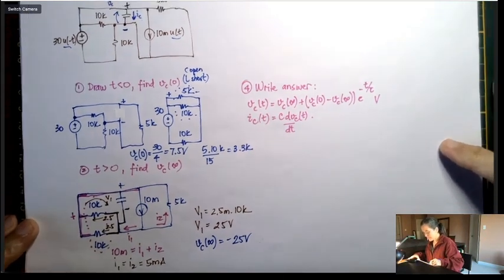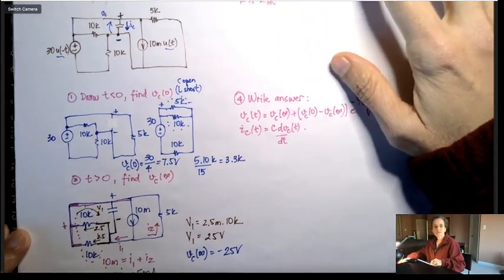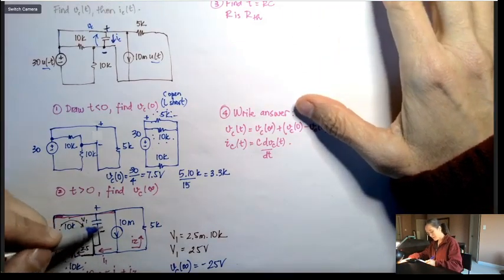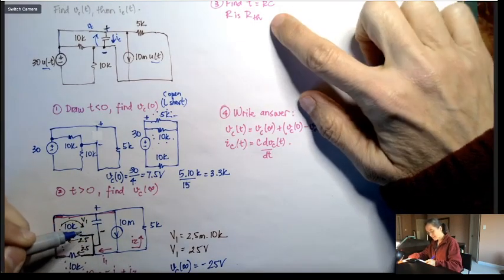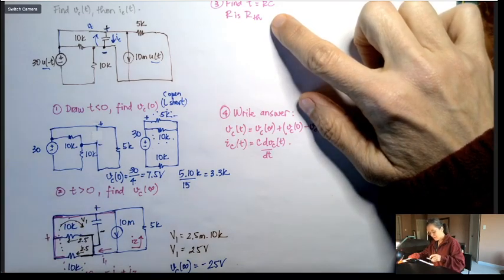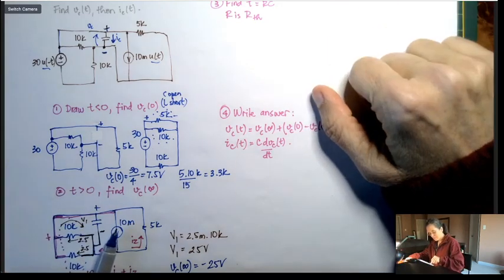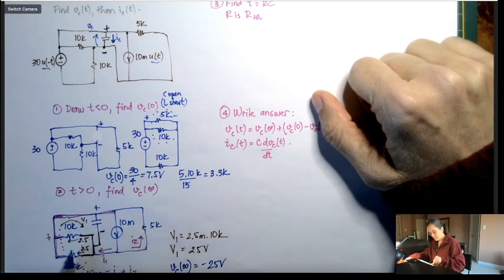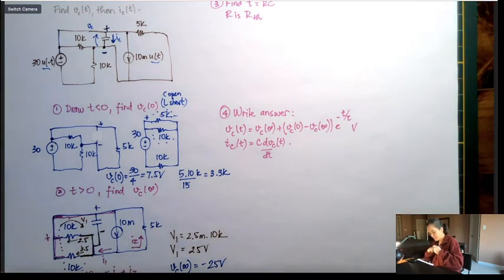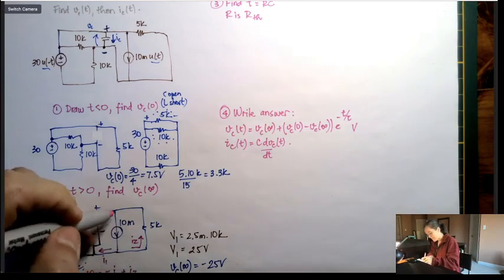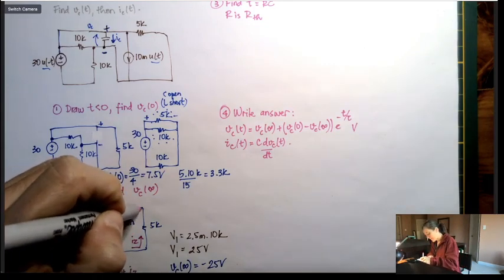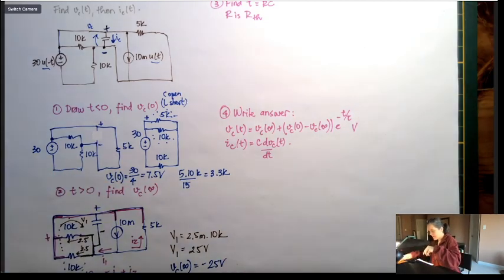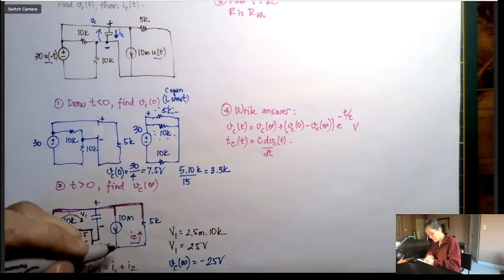Now I want to find RC for this particular circuit here. So I think of the capacitor as open, and the RTH is found by turning independent sources off. It's going to be 5 in parallel with 5. So if you see here, really this pink node and the brown node are all the same.